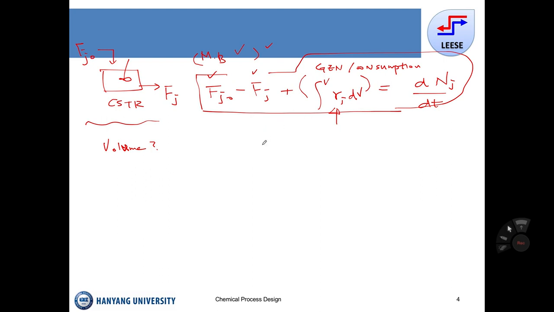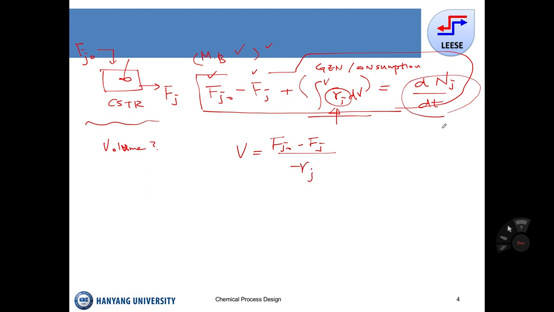How can I calculate it? From those equations, based on the generation term, we have the simplified expression V equals F for the CSTR case.